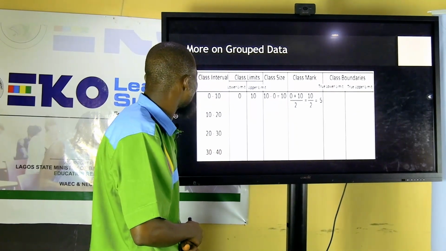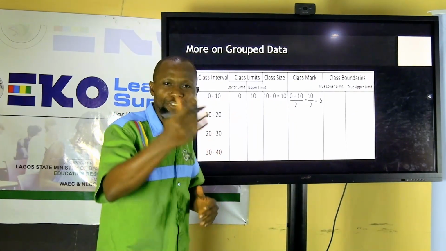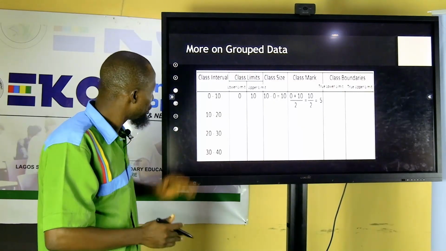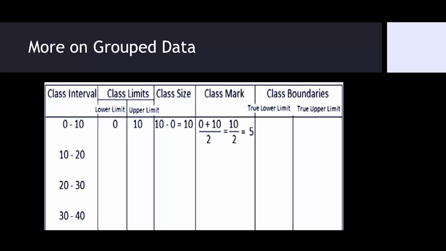On grouped data, there are also some things that we'll see, from what we have done. We have class interval, we also have frequency. But look at this, 0 to 10. We have numbers from 0 to 10, coming like this. They need a representative.